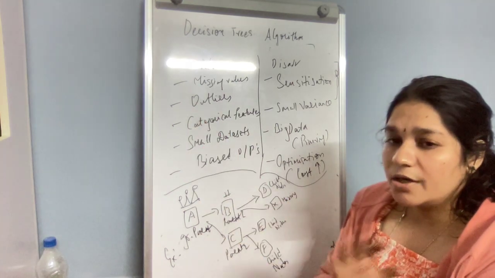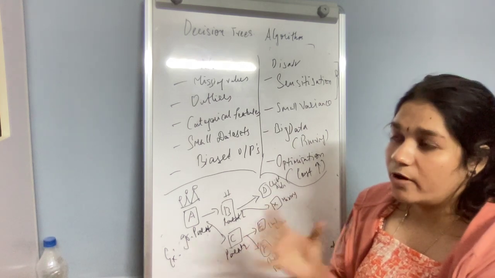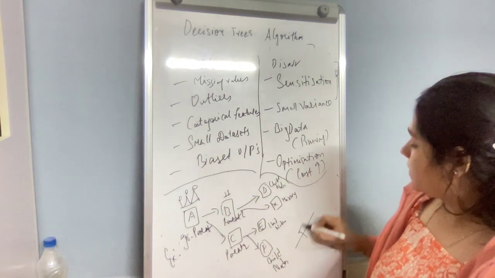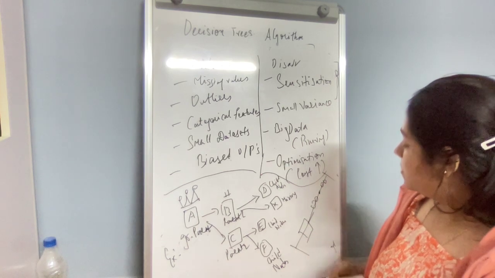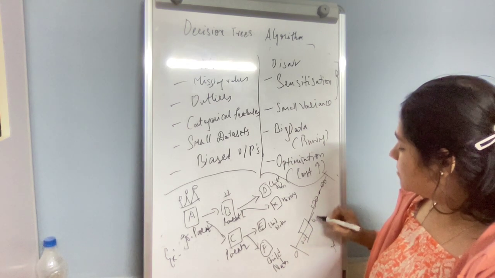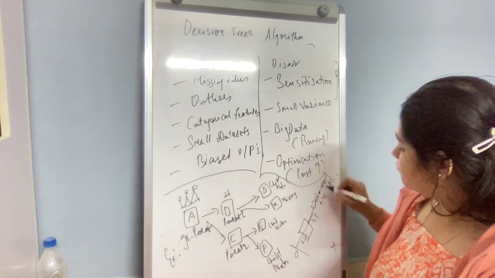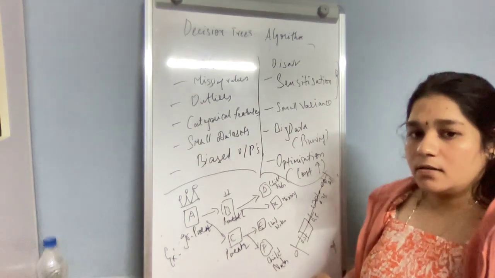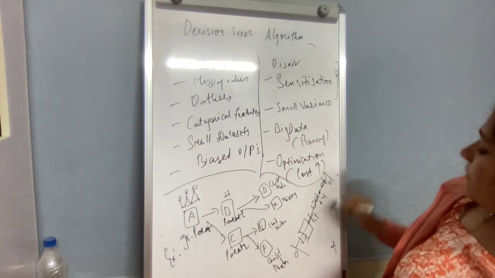When you plot a box plot, it looks like this. Suppose my data is like this, with 0, 0.25, 0.5, 0.75, 1.